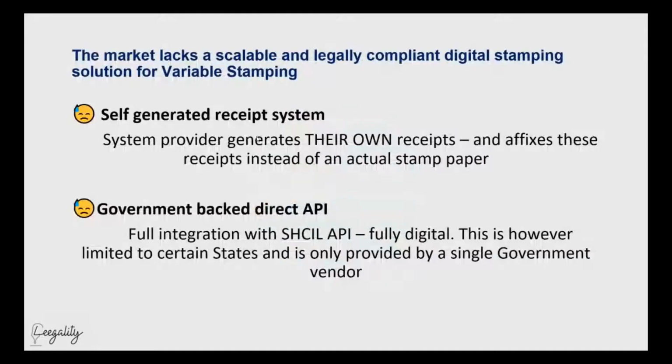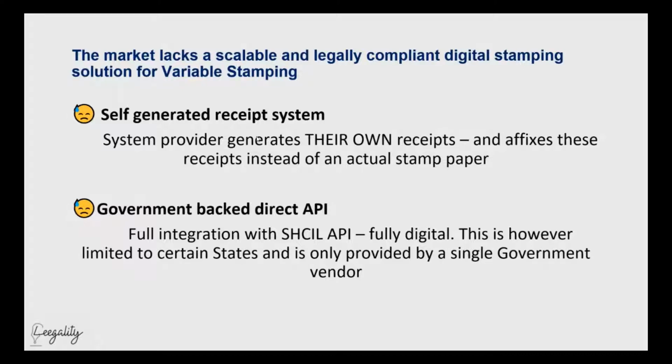There are two real solutions. One is a self-generated receipt system, where a system provider, and I think this is provided by only one entity in the market right now, generates their own private receipts. They're not a government entity. They're not a SHCIL affiliated entity. They're simply a private system provider like Legality.